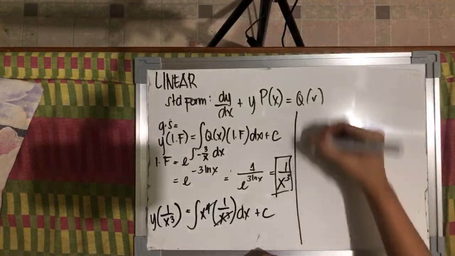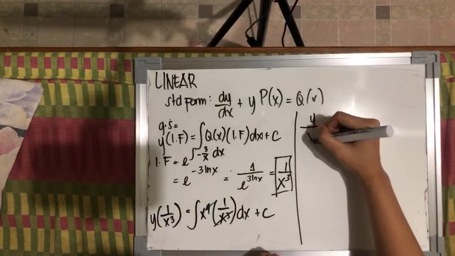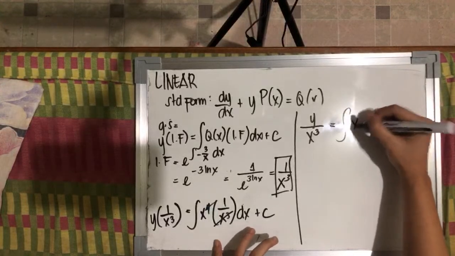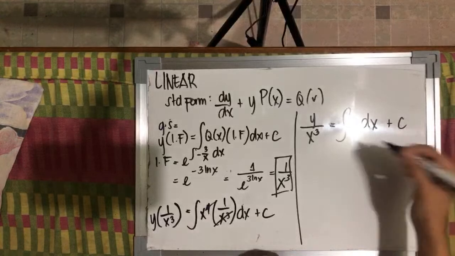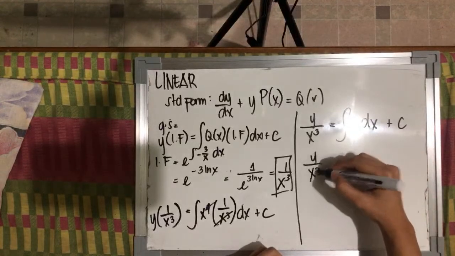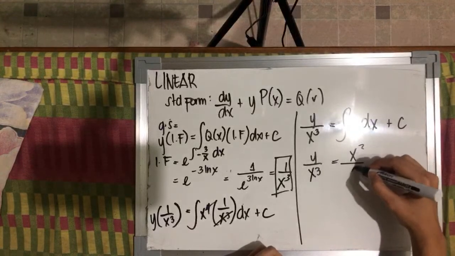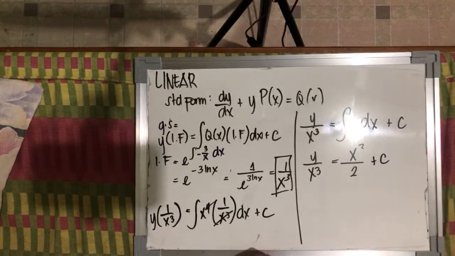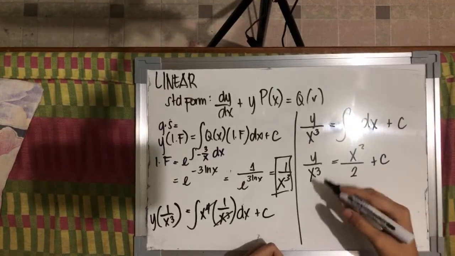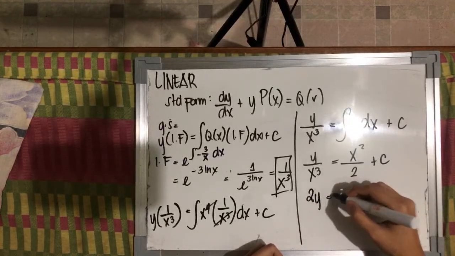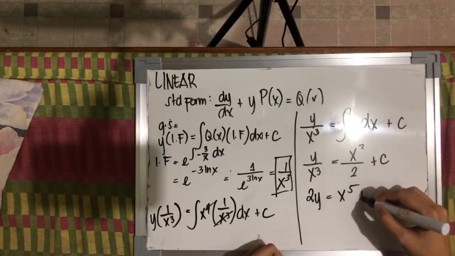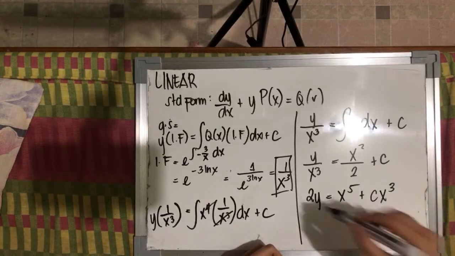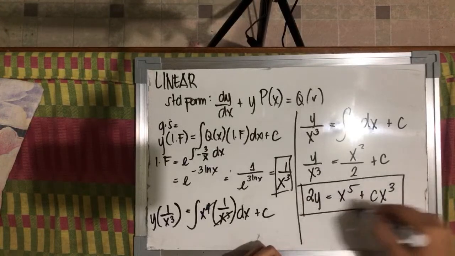So, y over x cubed is equal to the integral of x dx plus c. So, y over x cubed is equal to x squared over 2 plus c. Cross multiply: 2y is equal to x raised to 5 plus c, x cubed. This is the solution.